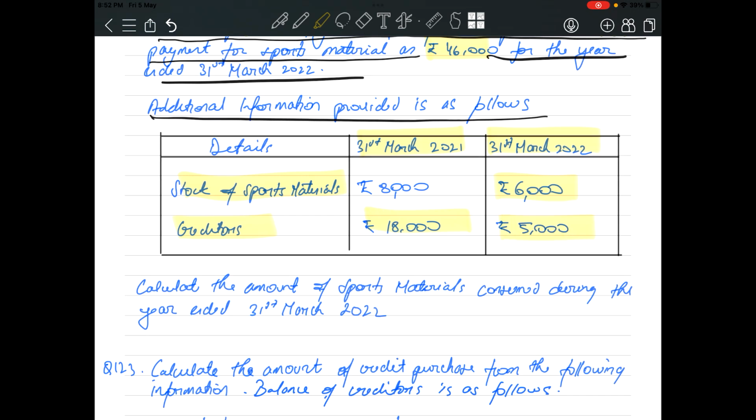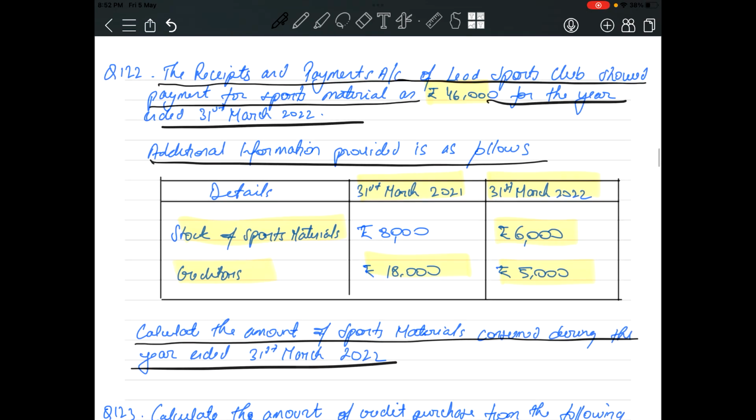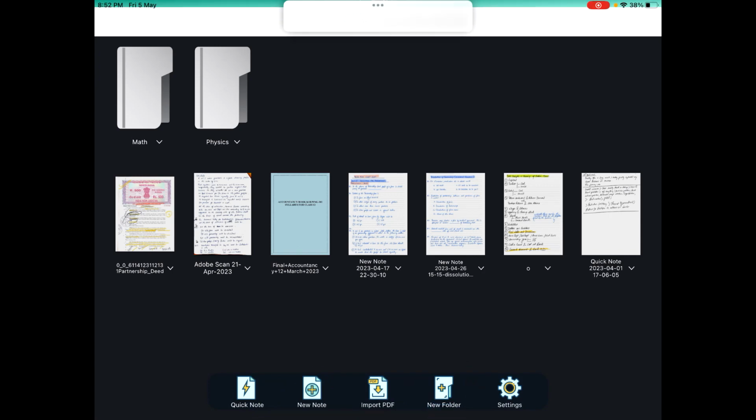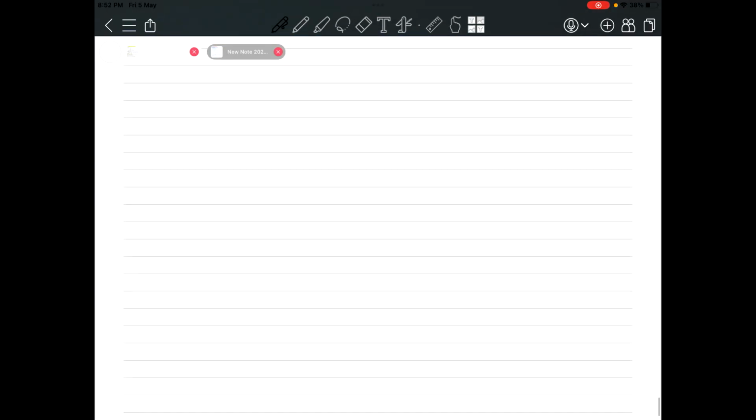Opening balance of creditors and closing balance of creditors is given. So what is the requirement? We have to calculate the amount of sports material consumed during the year ended 31st March 2022. Now this information has been given. I hope we have solved this kind of questions in the earlier question. So now let's see how we will solve this.